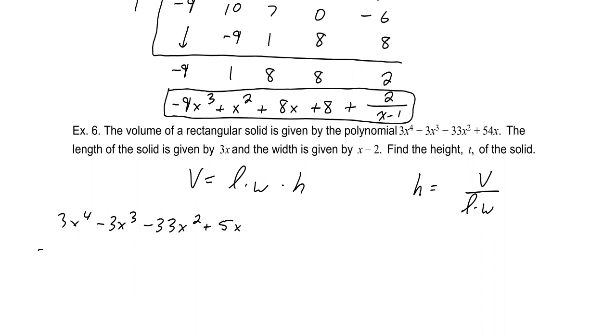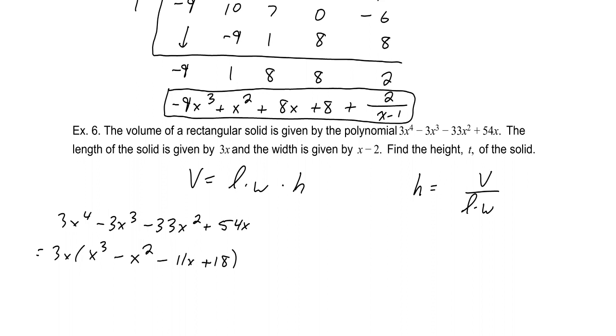I'm going to go ahead and factor this. A 3x is our common factor. So that leaves us with an x cubed minus x squared minus 11x plus, that should be 54 right there, that is an 18. If you notice, 3x is the length here. So what we've just done is divide by the length.